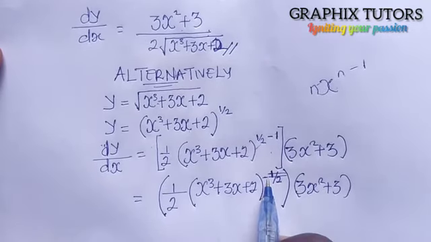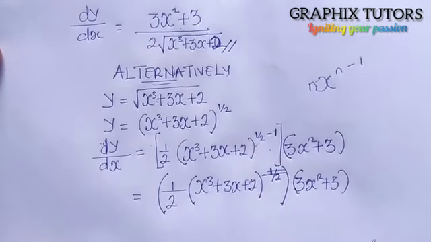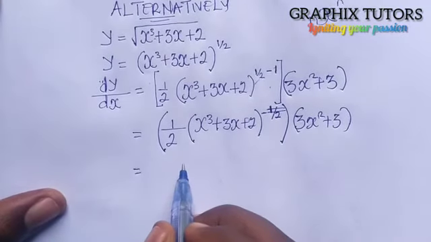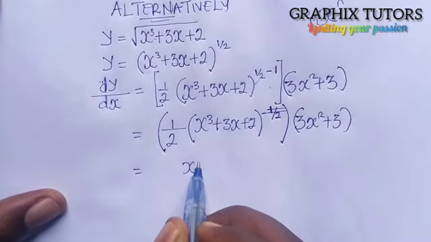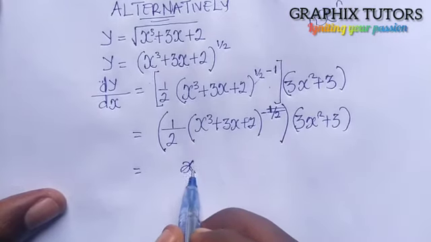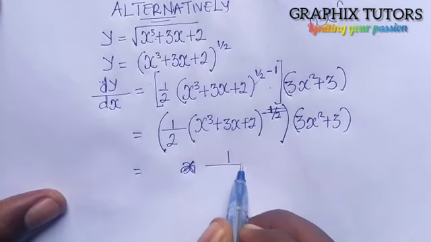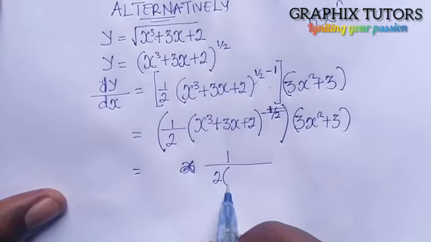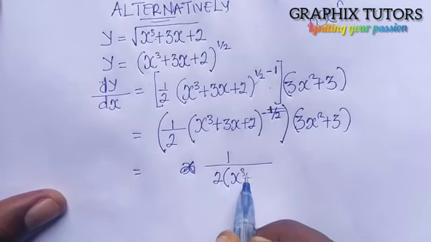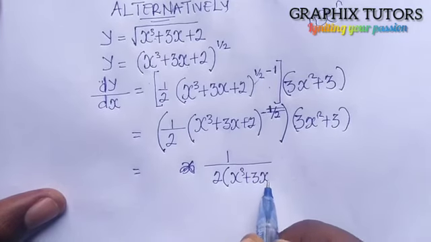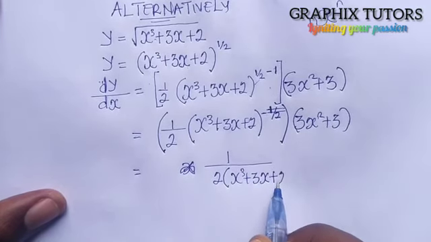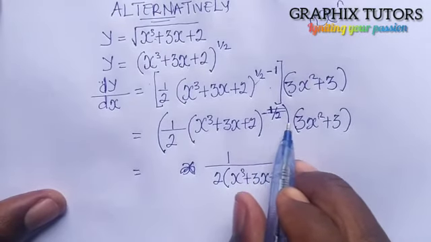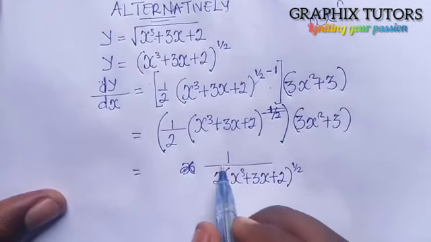Now, because of this negative sign, if I take it down, I'm going to be having 1 all over 2 into brackets x cubed plus 3x plus 2 to the power 1 all over 2. The minus is going to disappear. Is that taken?